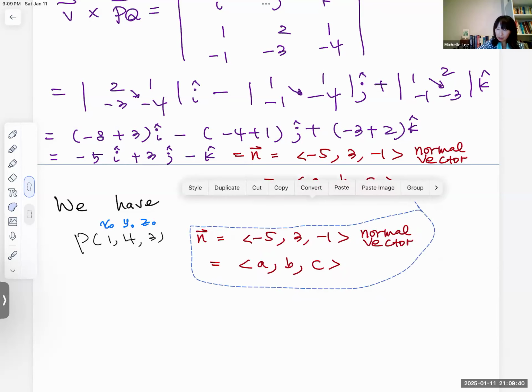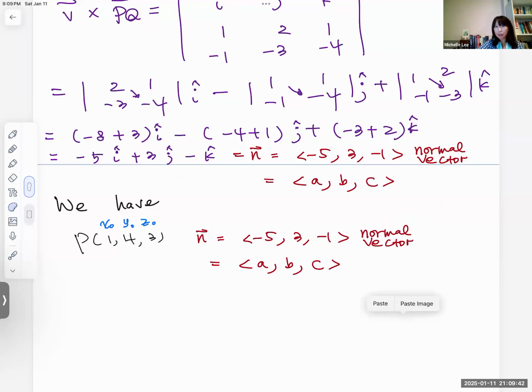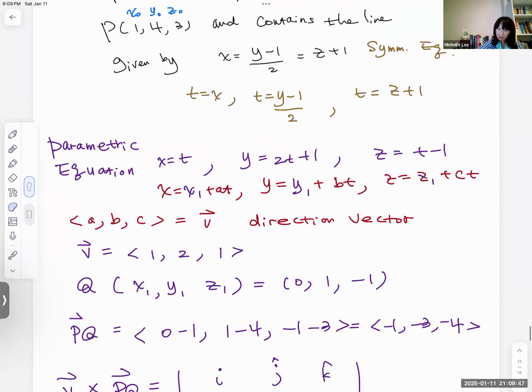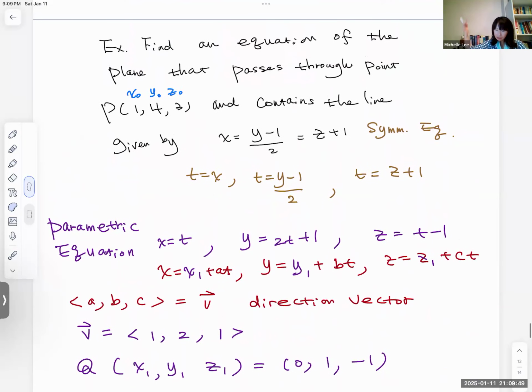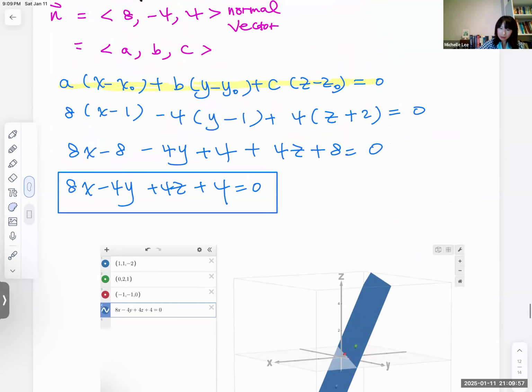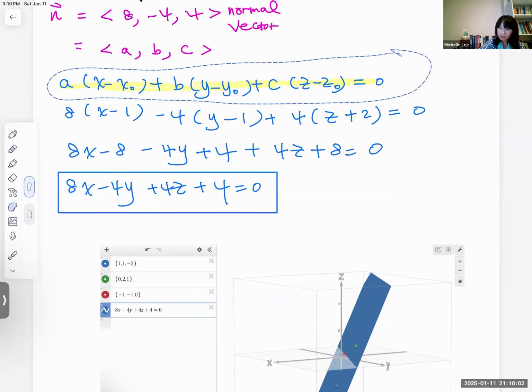Then we can write down the standard and the general equation of the plane, right? So where's the equation? No, here we go. So start with this.